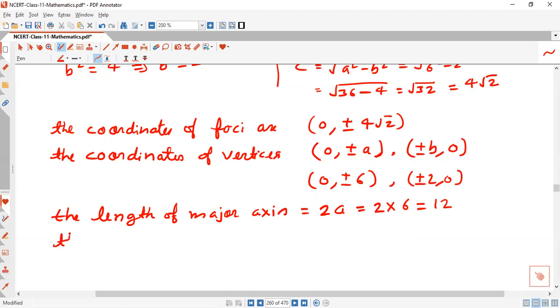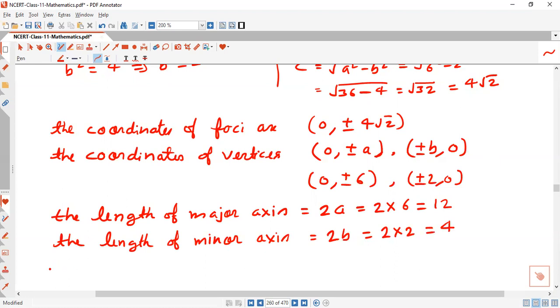The length of minor axis will be 2b, and it comes out 2 into 2, which is 4.